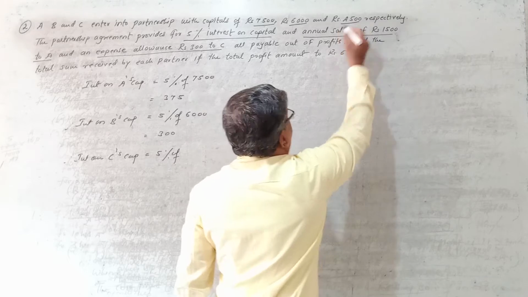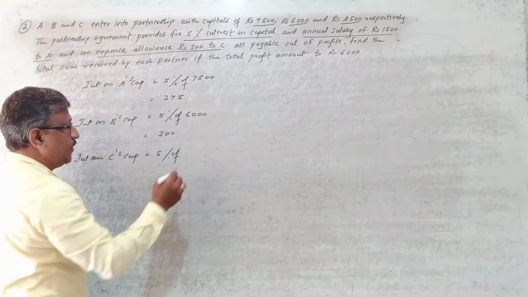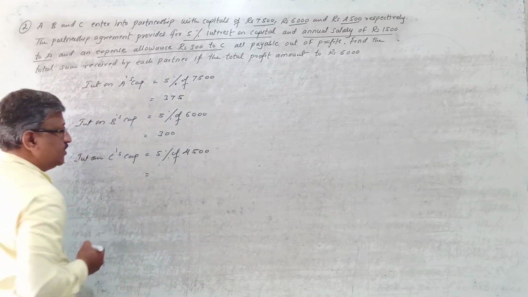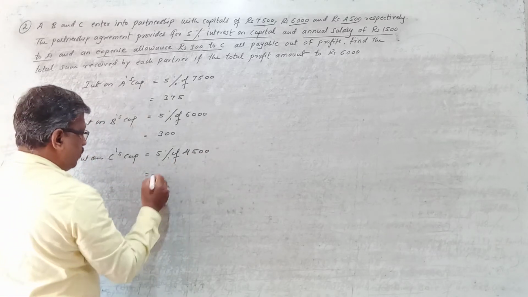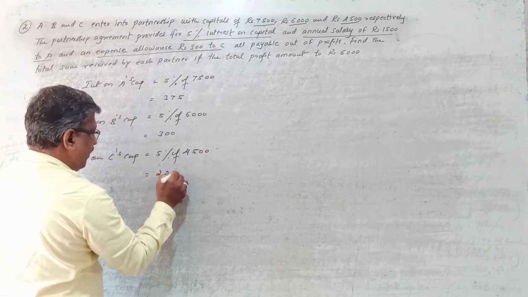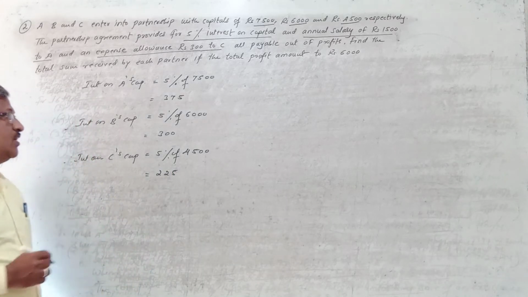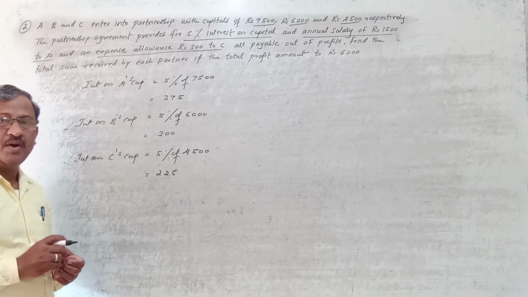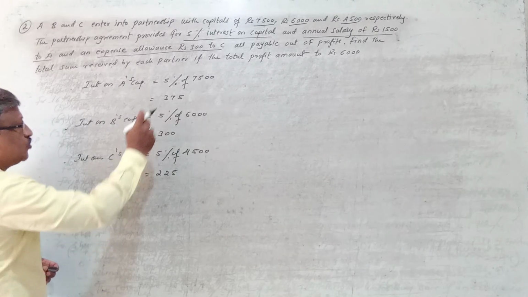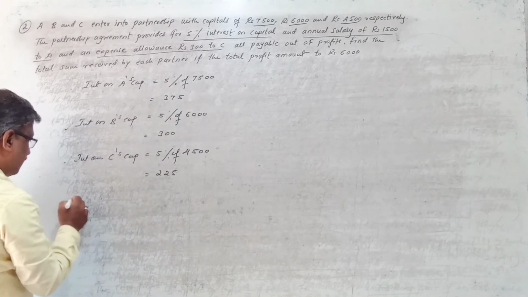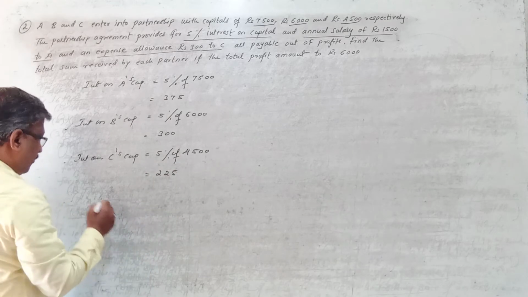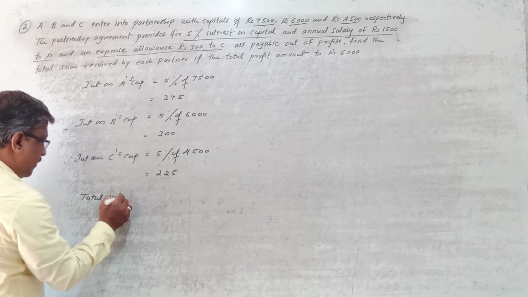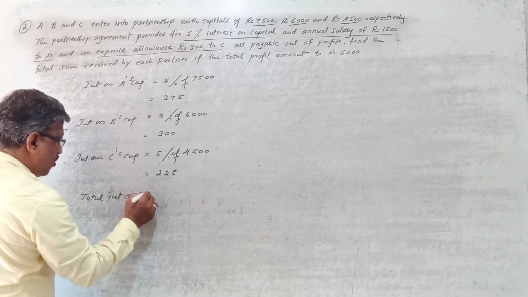C's capital given in the problem is 4,500, and 5% of it is 225 rupees. First we have to calculate the interest on each partner's capital. After that, now you have to find out the total interest on capital.